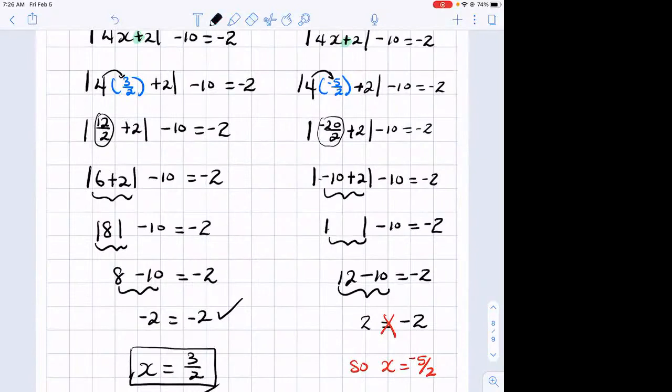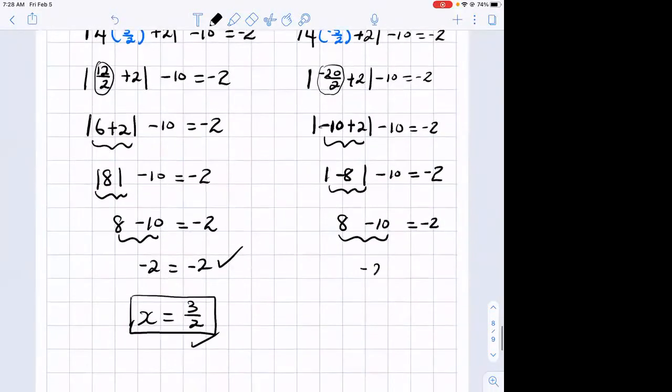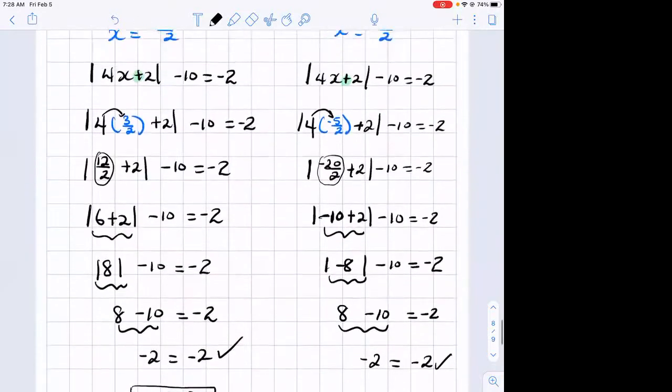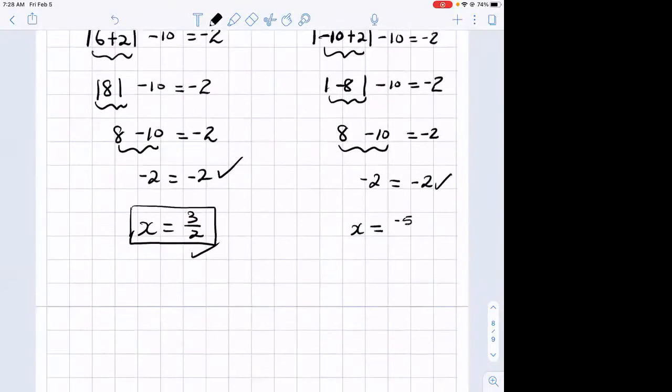Minus 10 plus 2 is minus 8. So that's minus 8, so that means we have to remove this. There's an error. The absolute value of minus 8 is 8, and 8 minus 10 is minus 2, and minus 2 is equal to minus 2. So x equals minus 5/2 is also a solution for this problem.